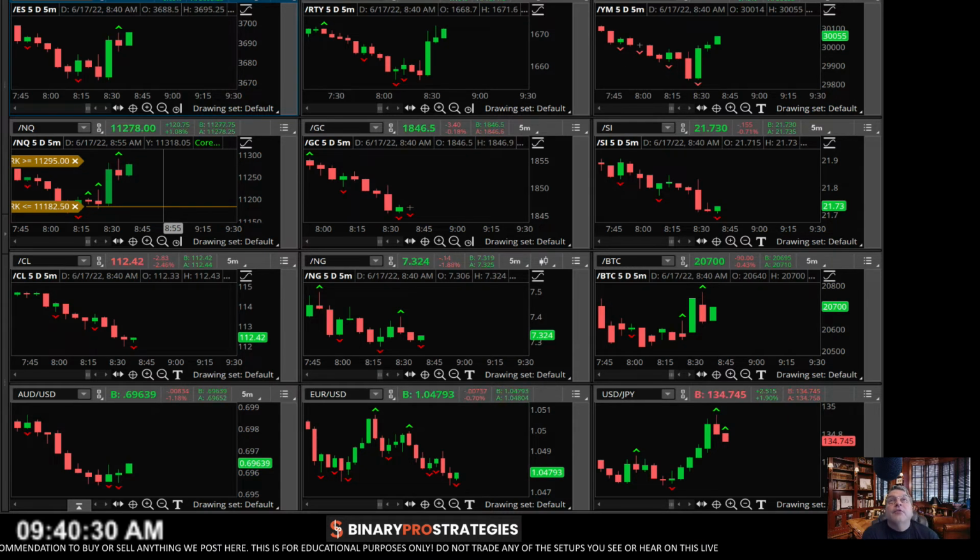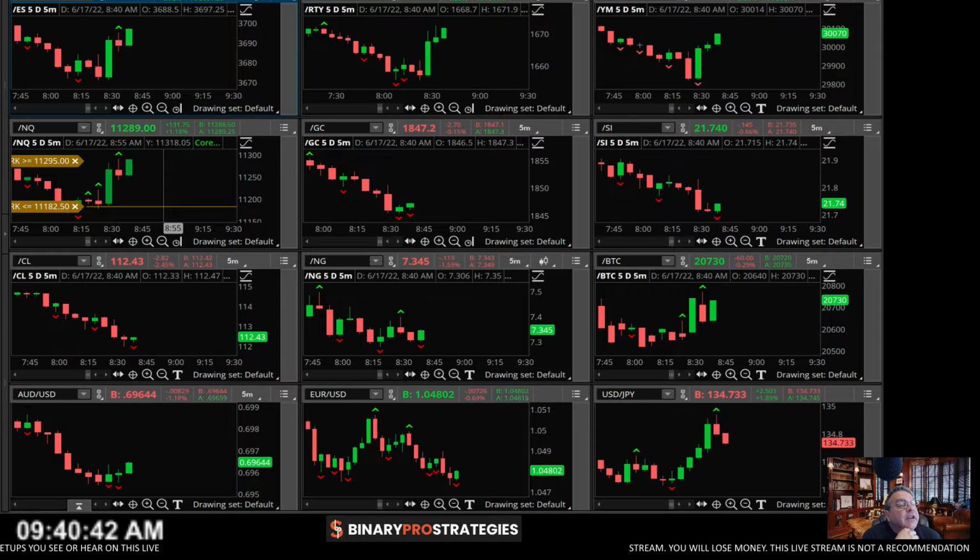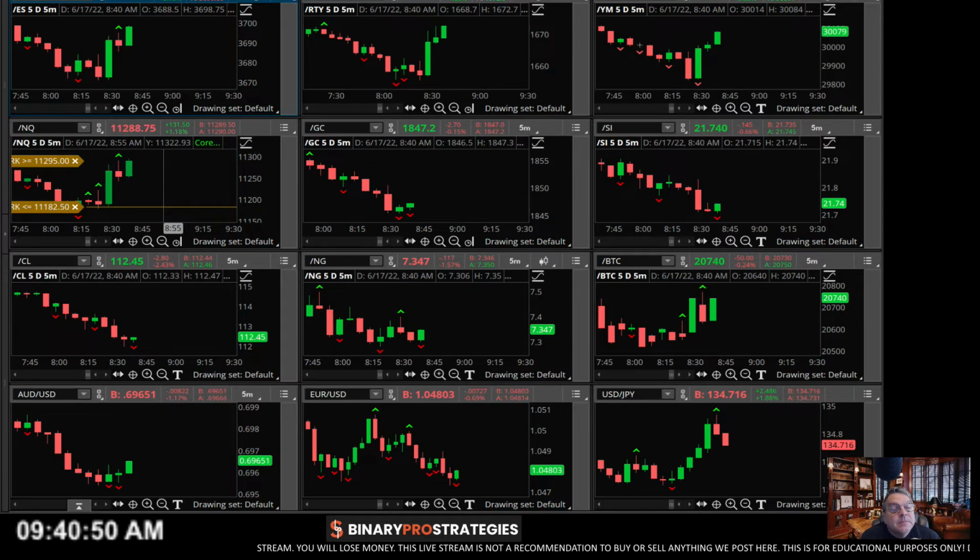Looks like that Euro US wants to come down some more. Okay, mini Dow just went into a buy as well. Mini Dow went into a buy. ES went into a buy. So let's get target first on ES.